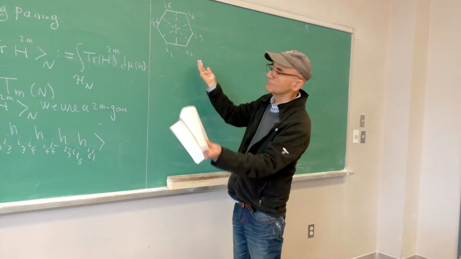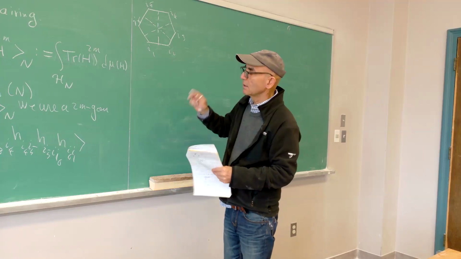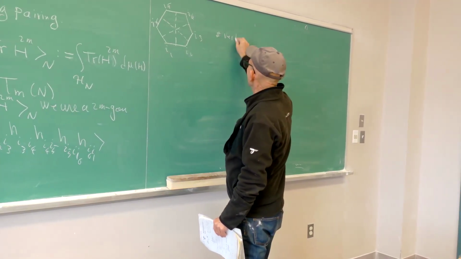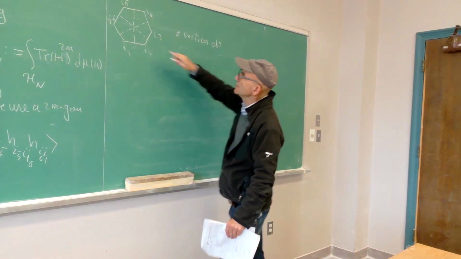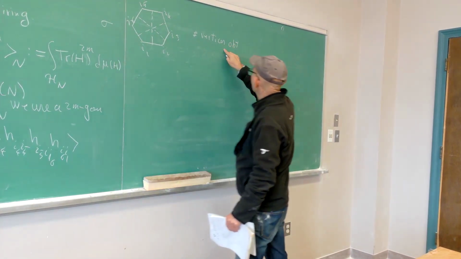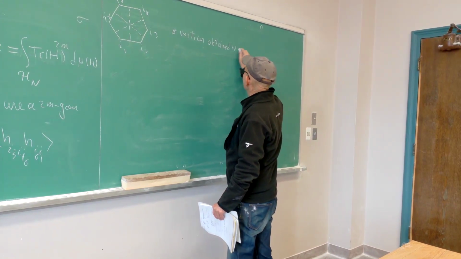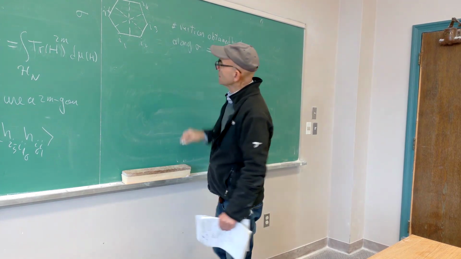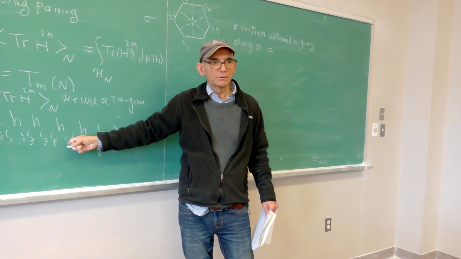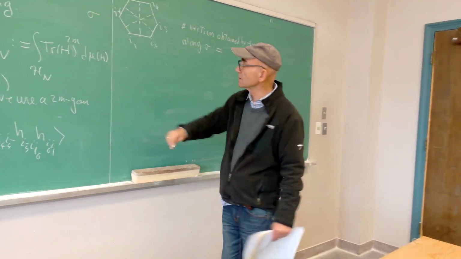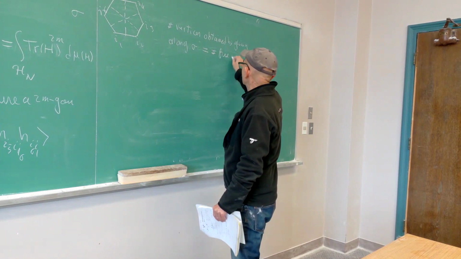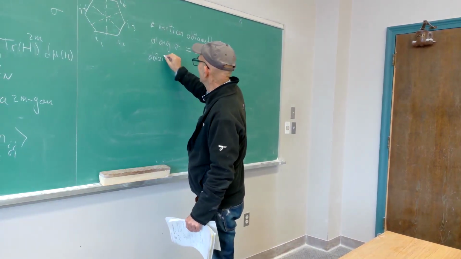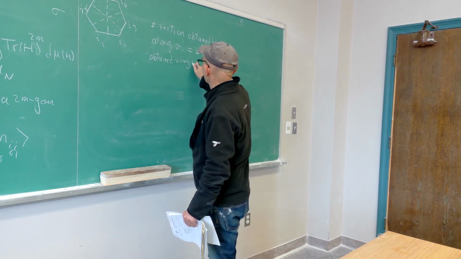And let's see, if we glue, what do we get? We have to show that the number of vertices obtained by gluing along sigma is exactly equal to the number of free indices obtained using the rule.